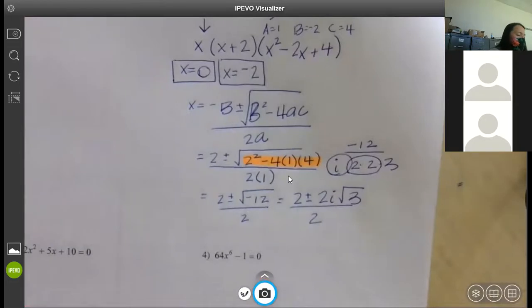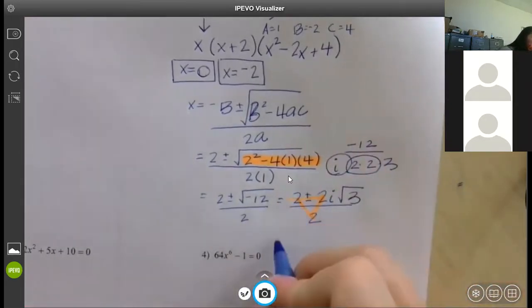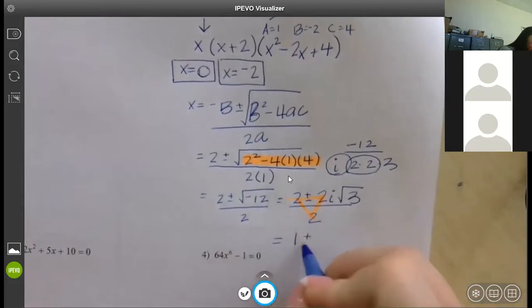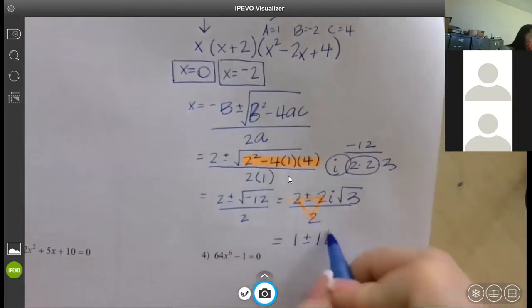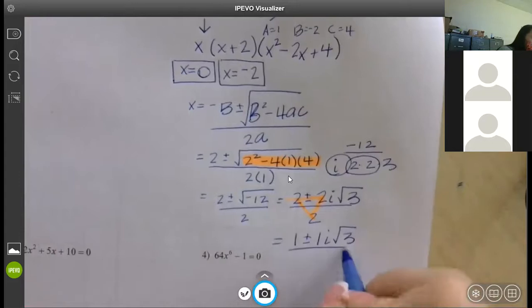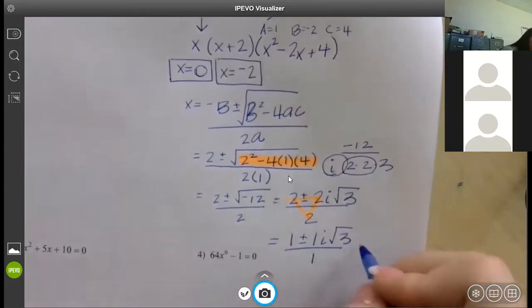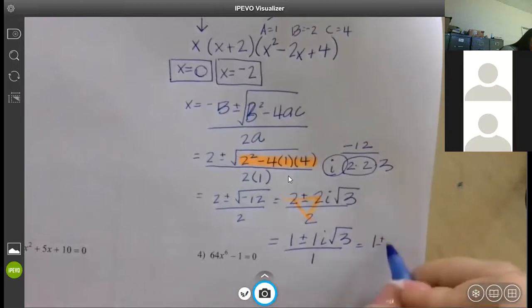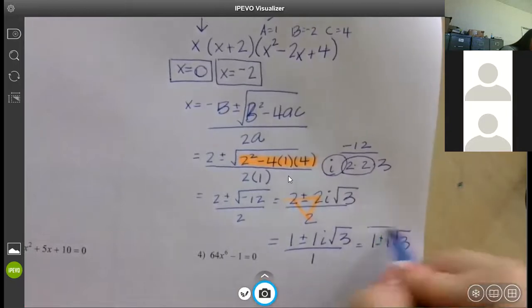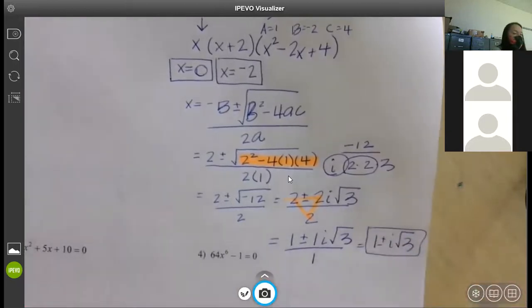And then the last step is your triangle of numbers to reduce that. 2 divided by 2 is 1, plus or minus 1i, square root of 3, over 1. Neither one of these ones are needed, so it's just 1 plus or minus i, square root 3. There's your other 2. 1 plus i square root of 3 is one of them. 1 minus i square root of 3 is one of them.